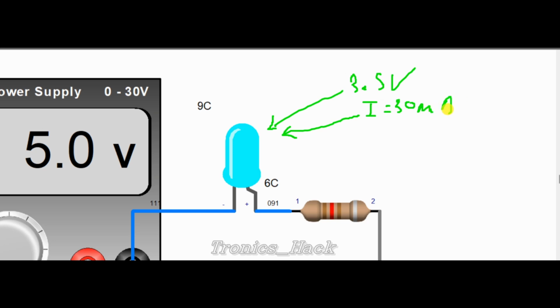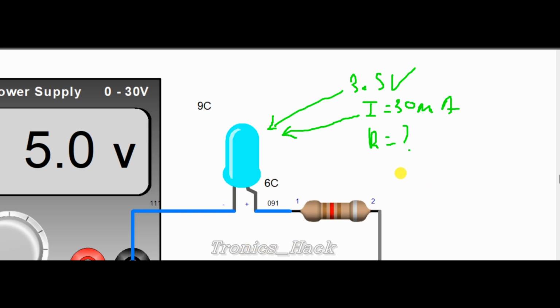If you go over 30 milliamps, your LED could blow. If you want to reduce the voltage and so the current, we should use a resistor. But which kind of resistor should we use? Now we are going to calculate a resistor to protect this LED.